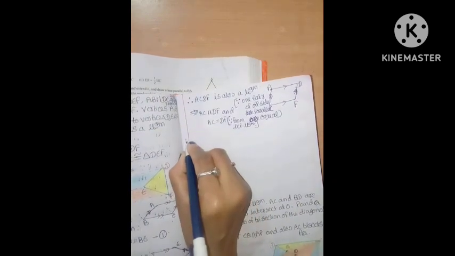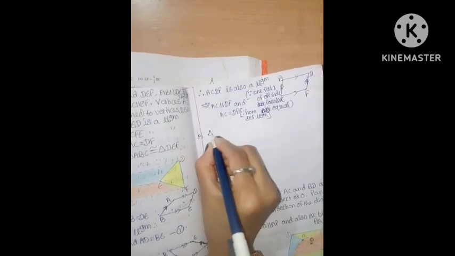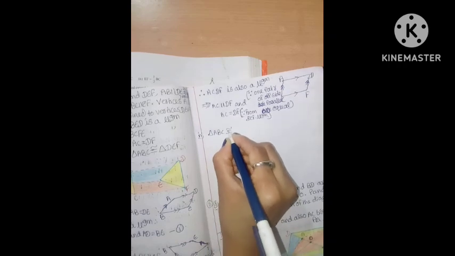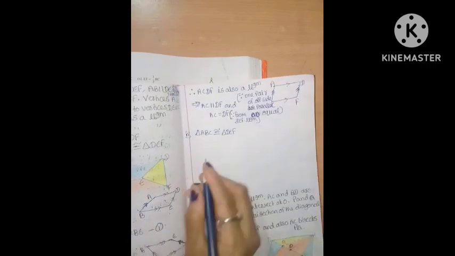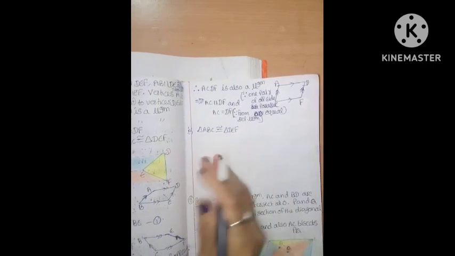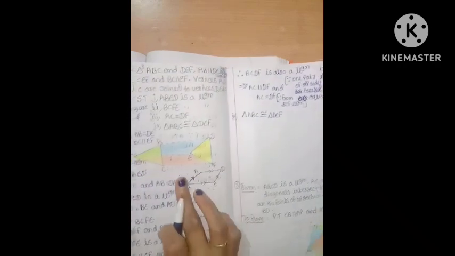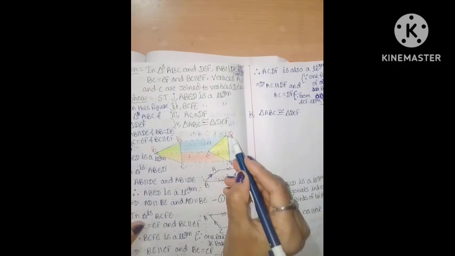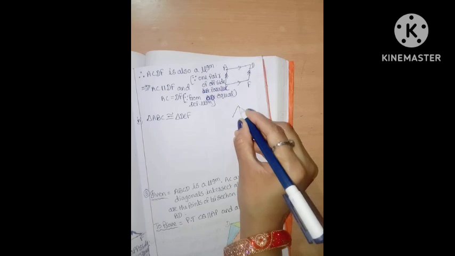Next, fourth question. What's the fourth question? Triangle ABC is congruent to triangle DEF. How will you show this? Let us take these two triangles separately. You can draw here. It is ABC, one triangle, and another triangle is DEF.